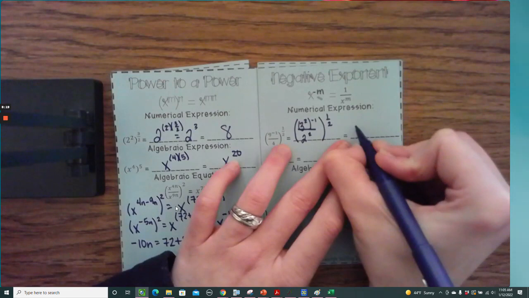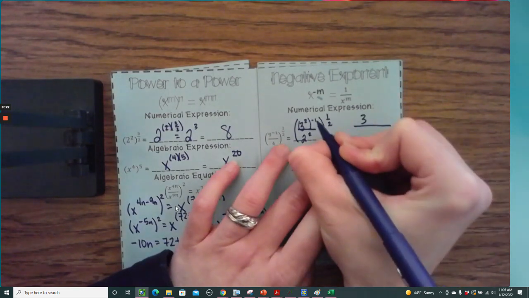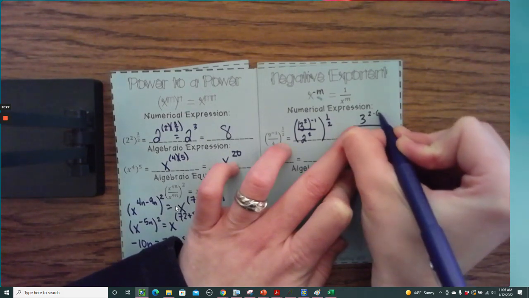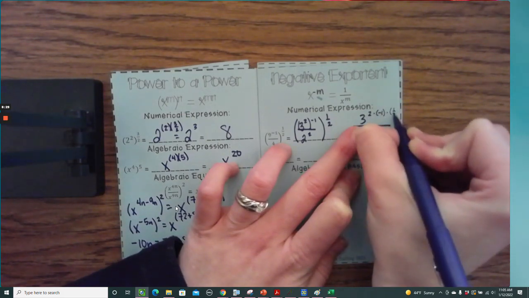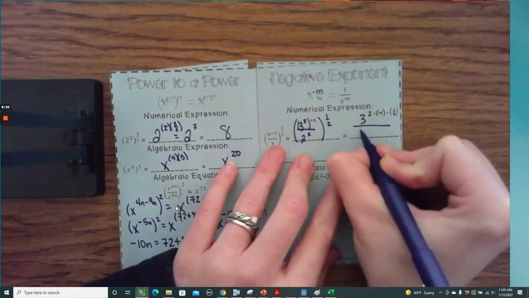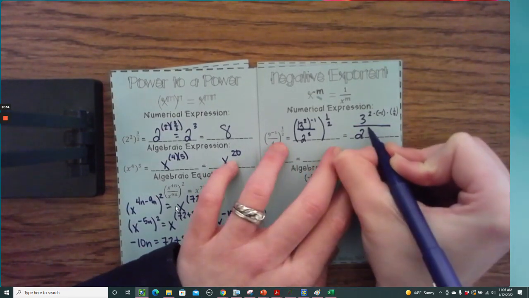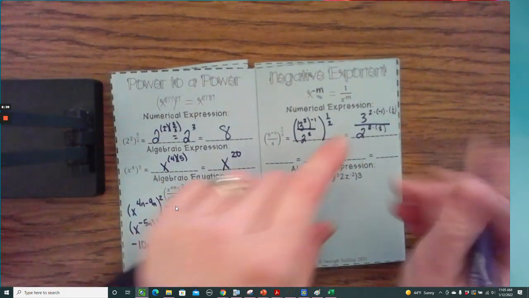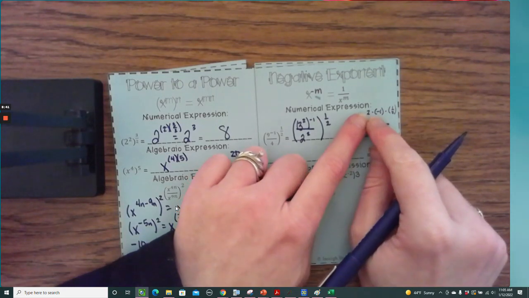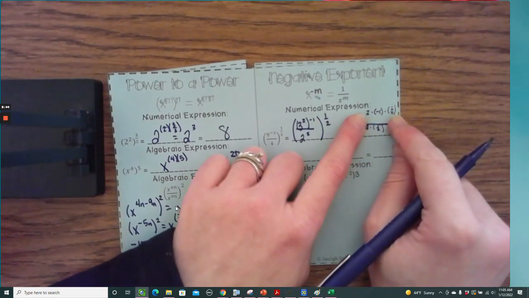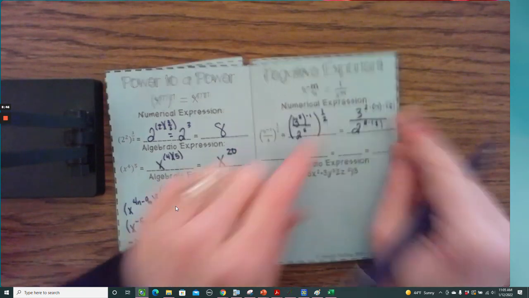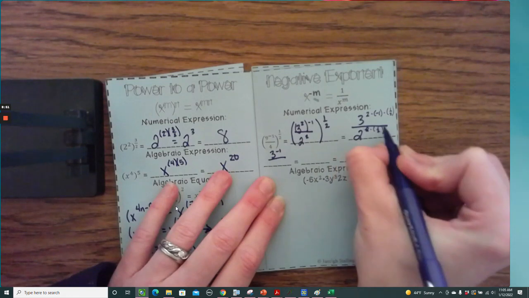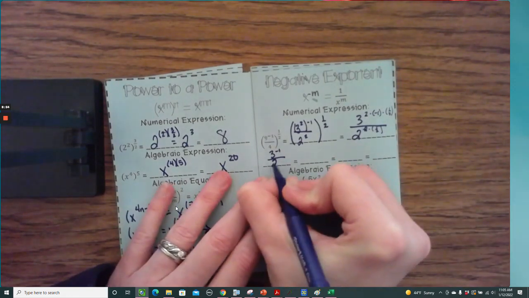So I've still got a fraction here, 2 times negative 1 times a 1/2, and then this 2 would be 2 to the 2 times 1/2. All right, so now we can multiply out. So the reason I broke this down is because the 2 and the 1/2 are going to cancel each other out, and I'm going to be left with 3 to the negative 1 over, this is going to cancel, so I'm going to be left with 2 to the first.